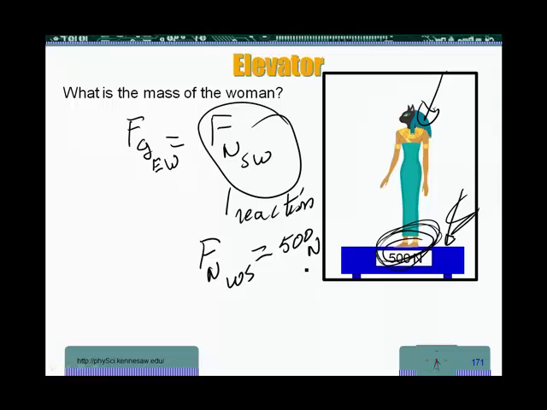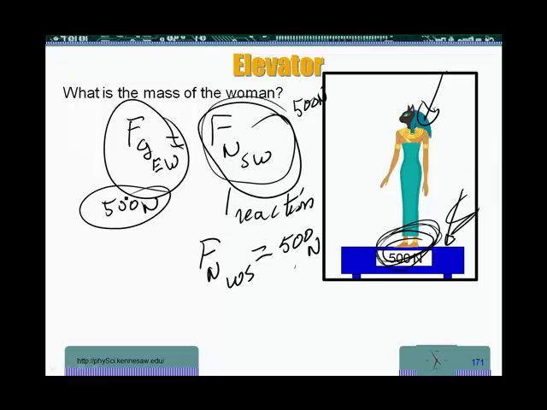If that force is 500 newtons, then this is also 500 newtons, because action-reaction pairs are equal and opposite, which means this also is 500 newtons. So in this particular case, the force that the woman exerts through her feet on the scale is equal to her weight, which is equal to 500 newtons. So then we know that the 500 newtons should be equal to the mass of the woman times g in magnitude.